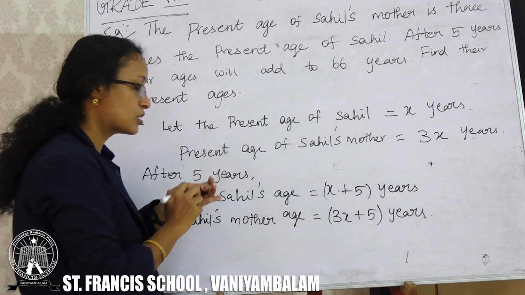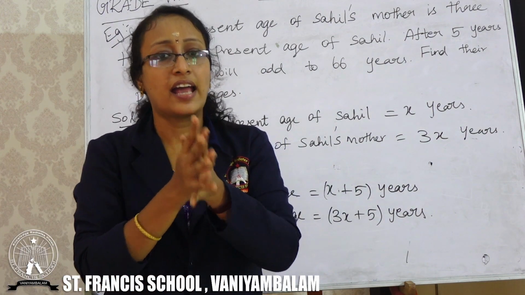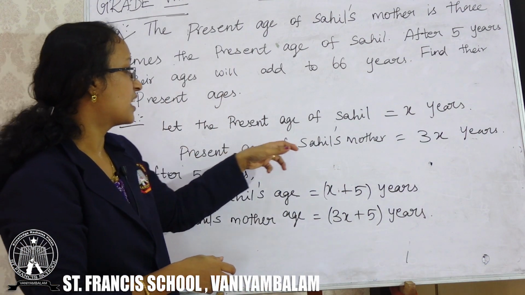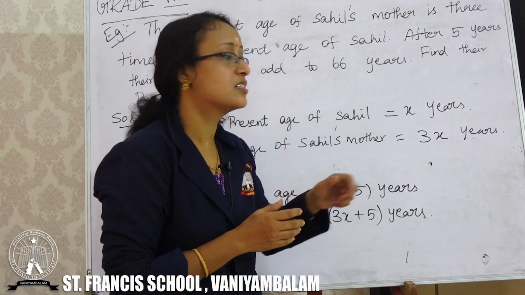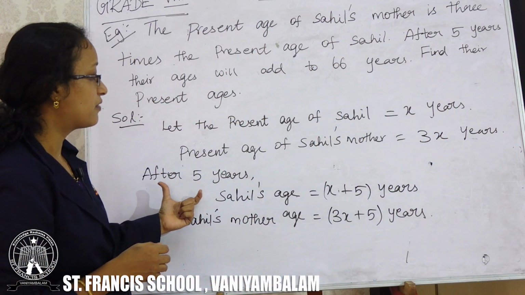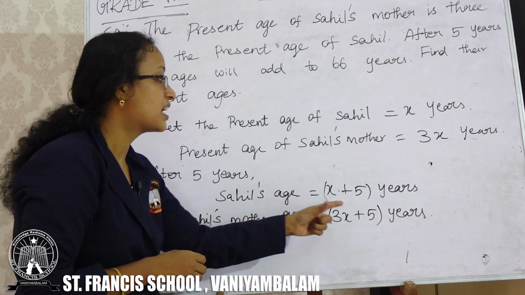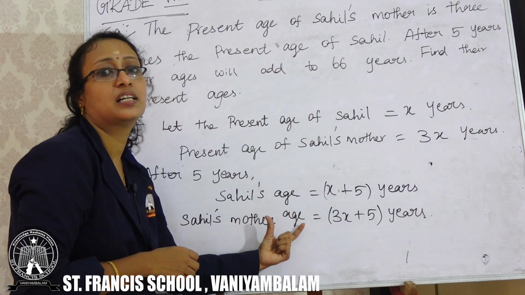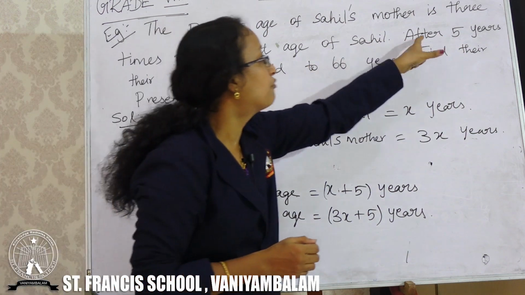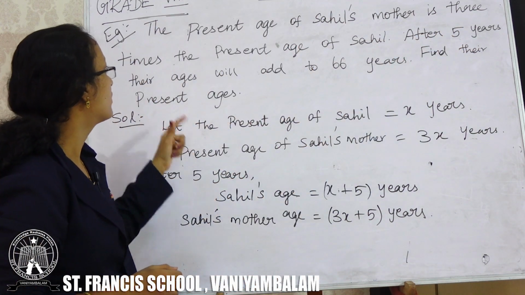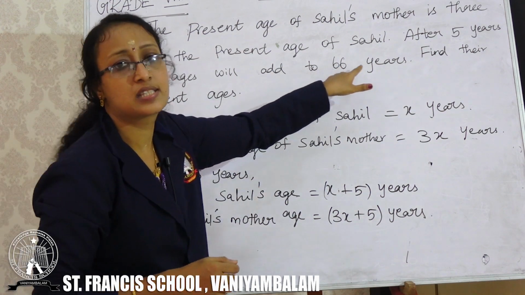Right? So, first let us take Sahil's age be x. And the present age of Sahil's mother, it is given 3 times the present age of Sahil. So 3x. After 5 years, what will be the ages of Sahil and Sahil's mother? Sahil's age will be x plus 5 and Sahil's mother's age will be 3x plus 5. And it is given after 5 years, their ages add to 66.